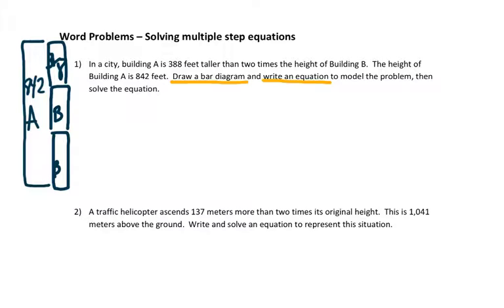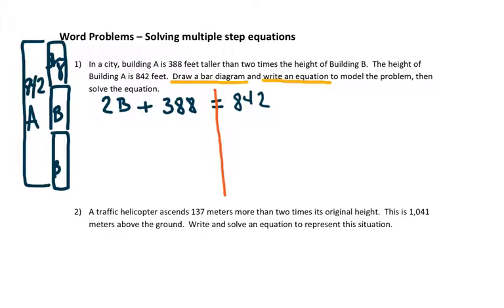Now we are to write an equation, and we can see that 2B's plus 388, so I would write 2B plus 388 is equivalent to 842. And I can see that easily with the bar diagram. Now we have to apply our knowledge of how to solve equations. So we separate the 2 parts where the equal sign is.